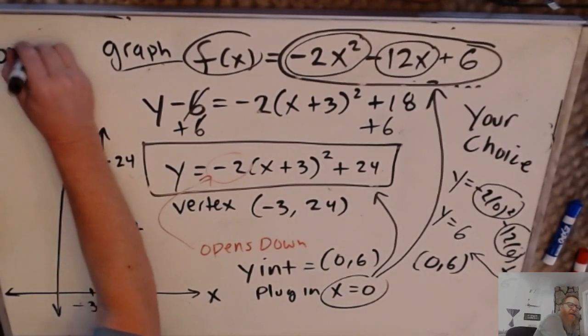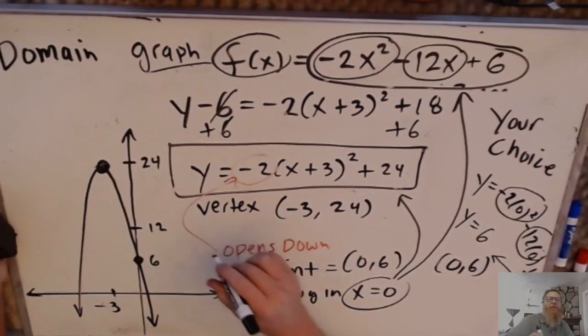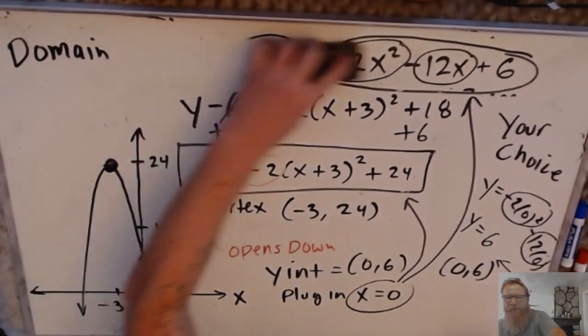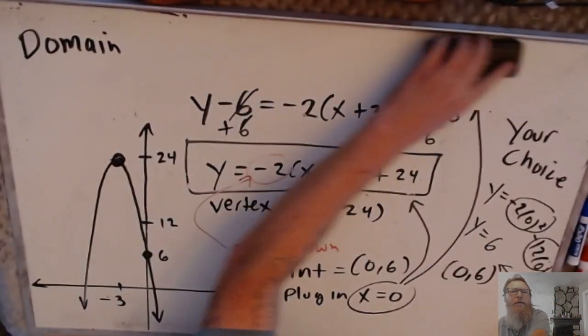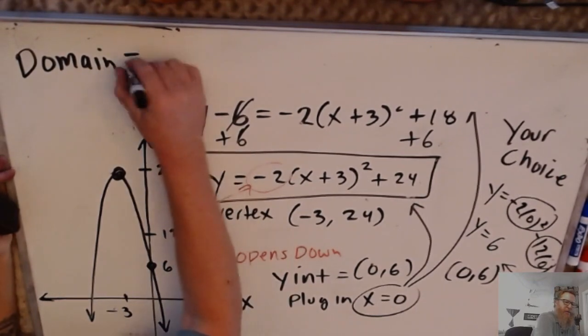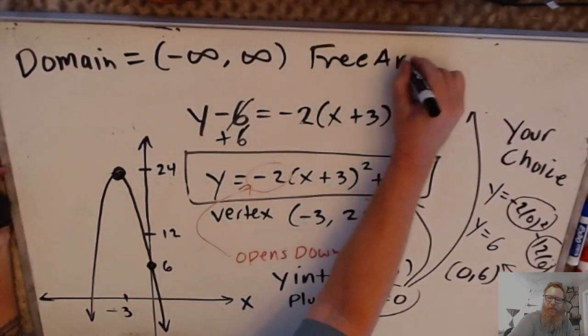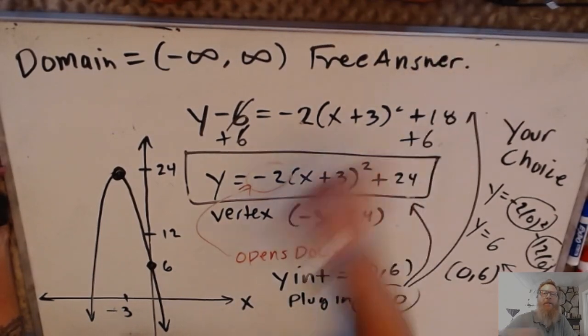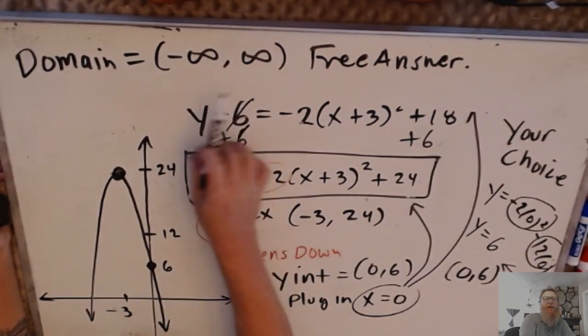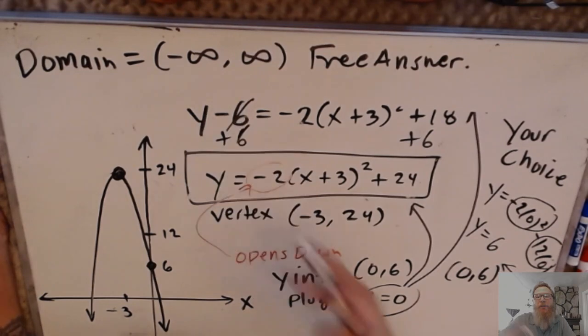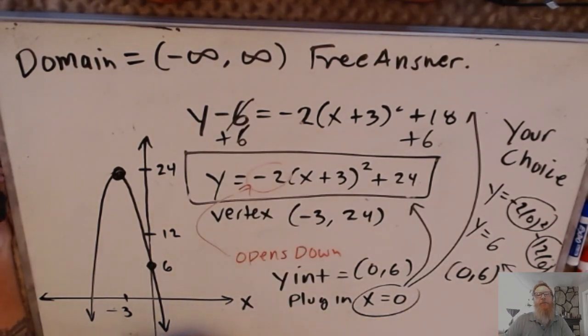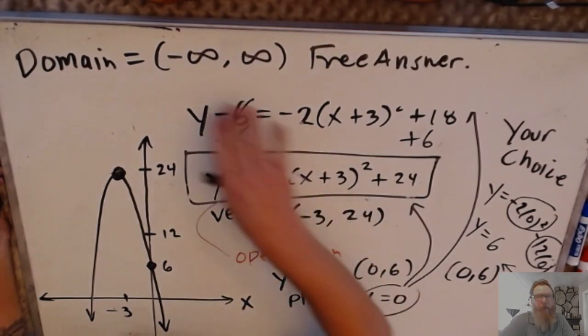Domain is a free answer. So I don't think any of you will get the domain wrong, unless you just forgot that that's one of the free answers. Okay? I'll put that on the test. So if you remember, you get a free answer.